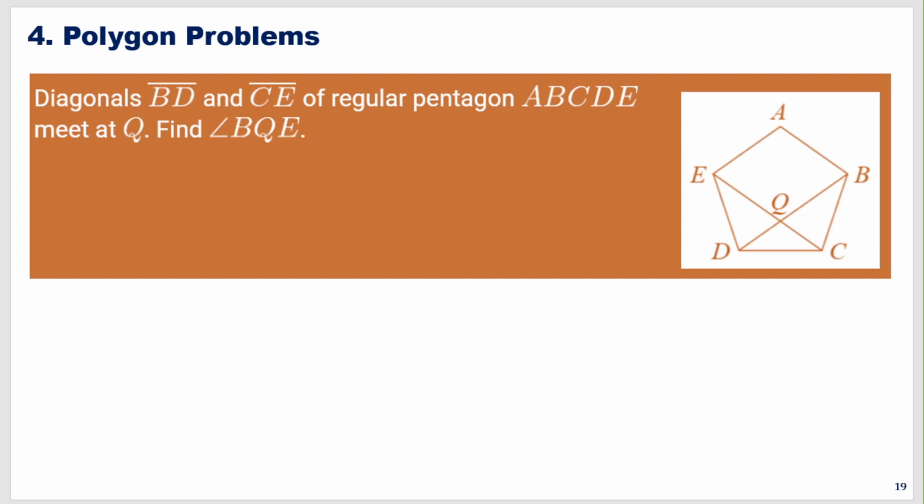Another typical angle chasing problem, right? Okay, first of all, if it's a pentagon, we know the interior angle is 108 degrees, right? And EDC is isosceles because this side equals this side.